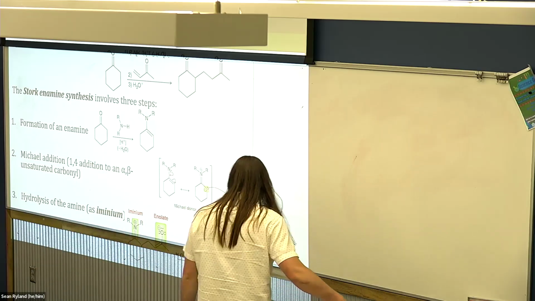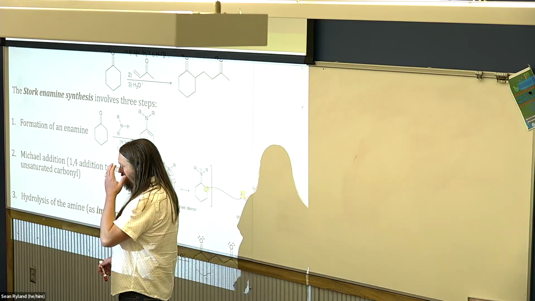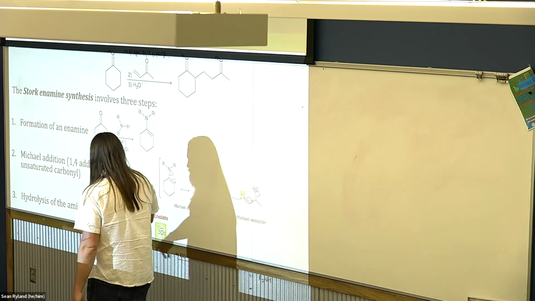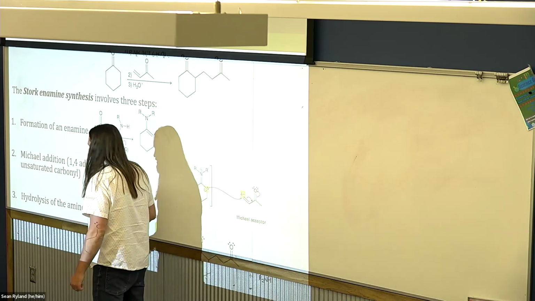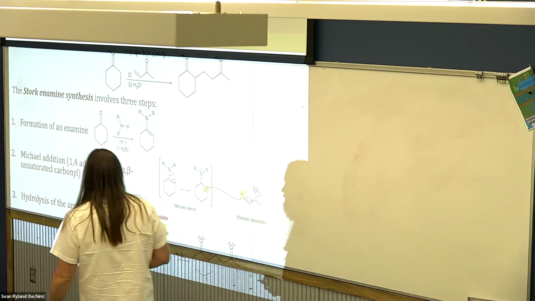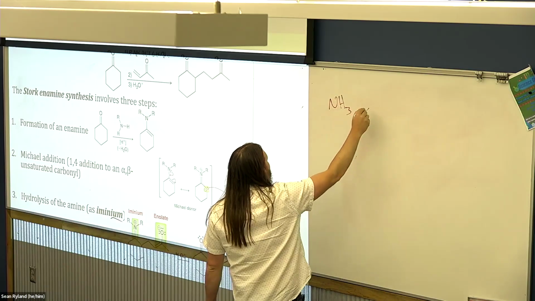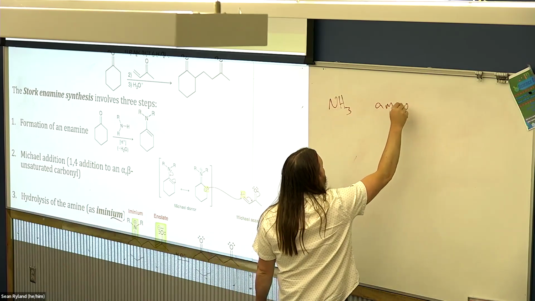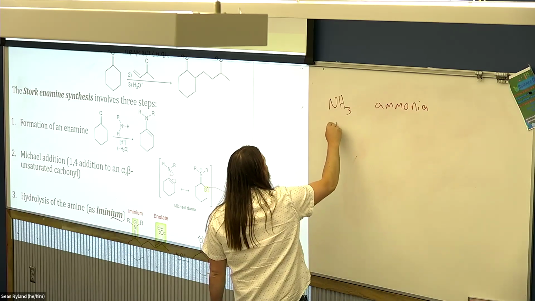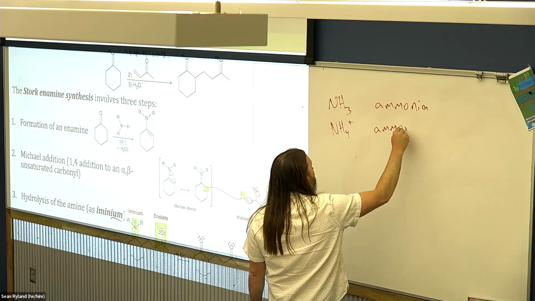So just the same way that "ate" always means a deprotonated form of something, right? Enolate, carboxylate, etc. Anytime you add an "ium", it means it's the extra protonated version of it. So for instance, NH3 is ammonia versus NH4 plus is ammonium.